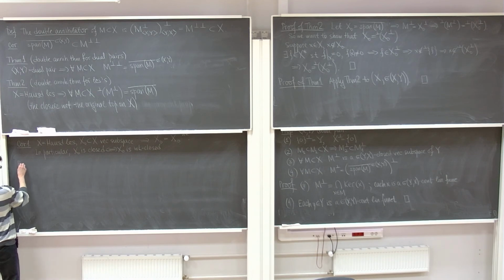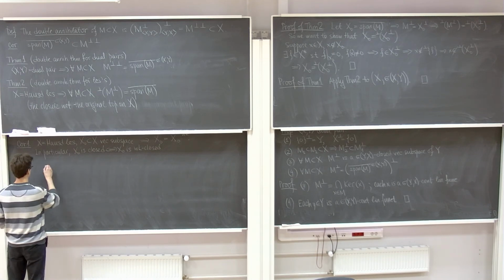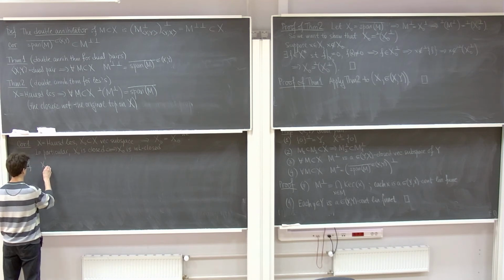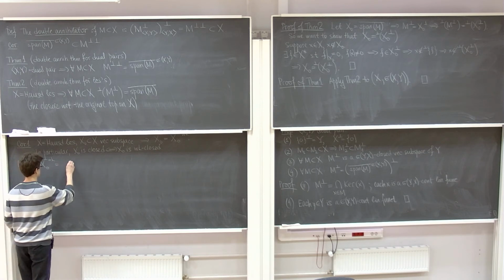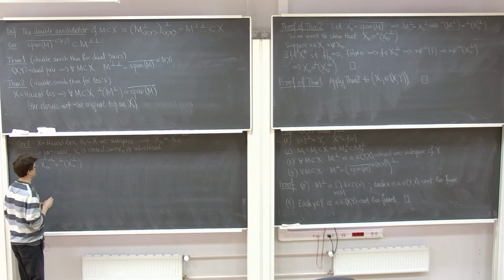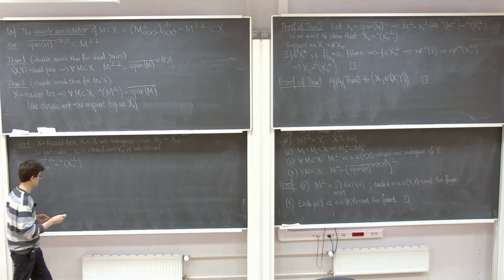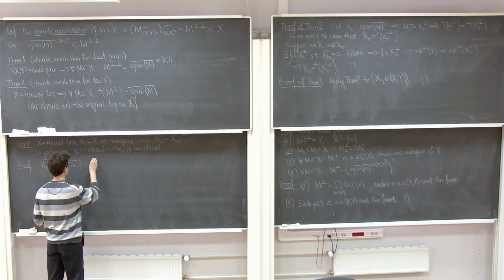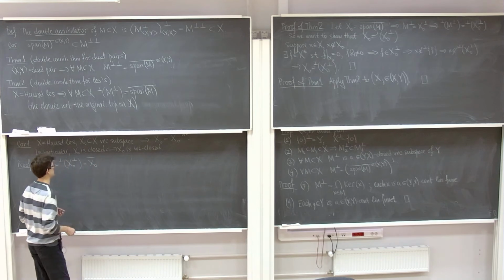And the proof is immediate from theorems 1 and 2, because by theorem 1, the weak closure of X0 is the double annihilator. But by theorem 2, the closure of X0 is also the double annihilator.